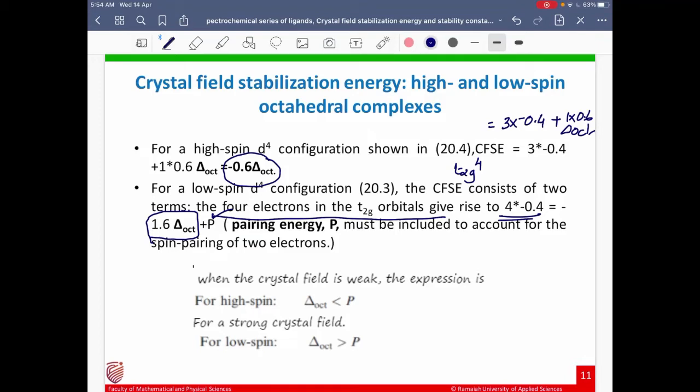We studied pairing energy; that is the reason behind it. So in the d4 low spin configuration, the CFSE will be 4 into minus 0.4, that is minus 1.6 delta octahedral, plus P, the pairing energy.